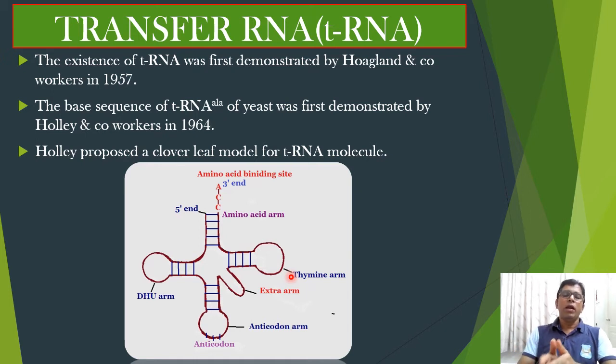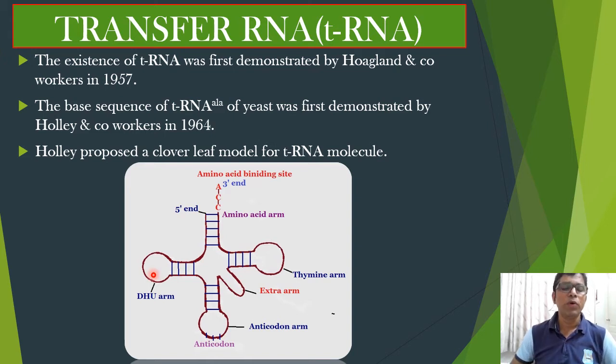Opposite to the T-Psi-C arm, there is one more arm, that is the DHU arm, the dihydrouridine arm. This arm also contains one stem and one loop. In the stem region, paired nitrogen bases are present, whereas in the loop region, unpaired nitrogen bases are present. In the DHU loop, 8 to 12 unpaired nitrogen bases are present.